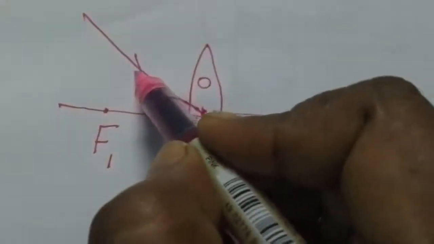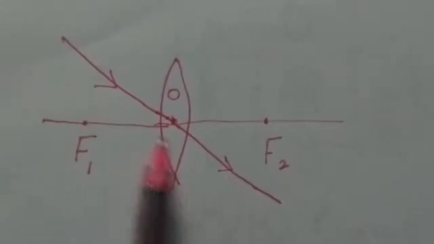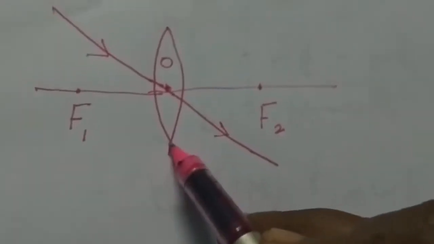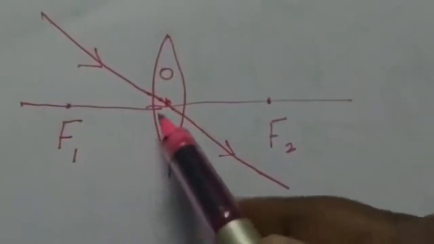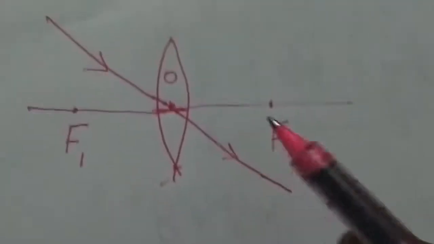So this is a convex lens, because it is thick at the center and thin at the edge.